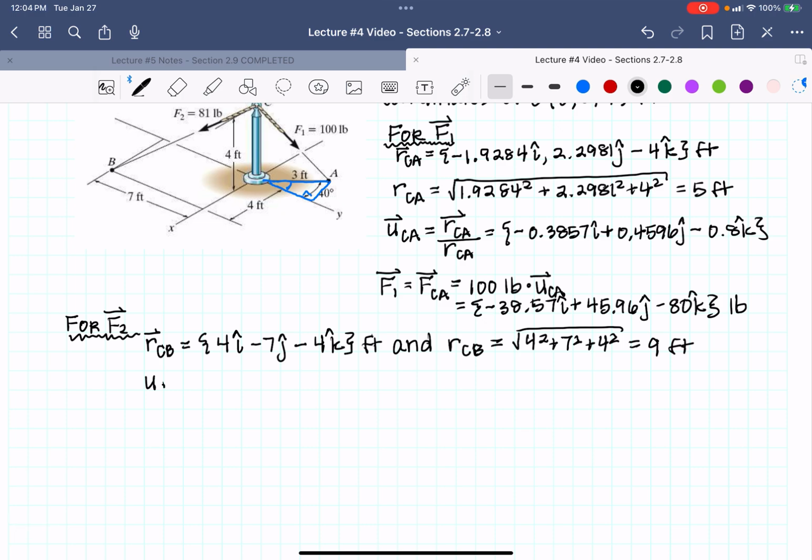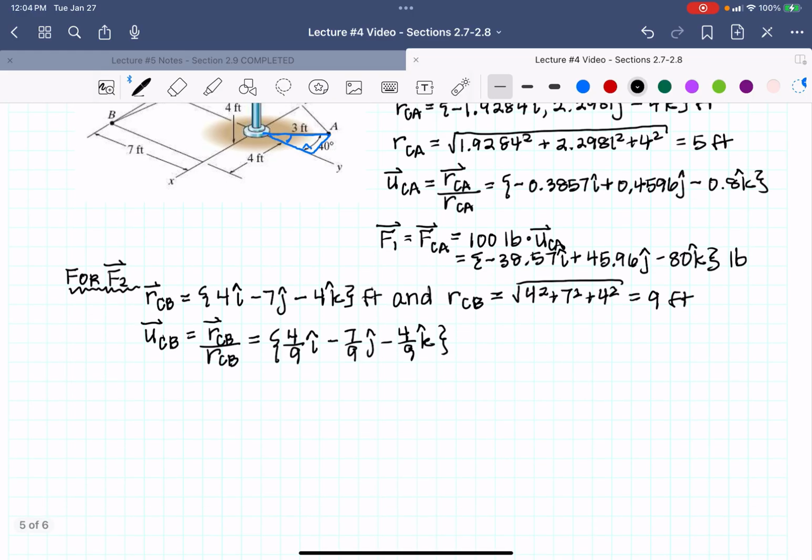So now I need to calculate the unit vector. I've done the position vector, I've done the magnitude of the position vector. So remember, our unit vector is just going to be the position vector divided by the magnitude of the position vector. I'm just going to leave it for now in fractions because it's easier for me in my head. So I'm going to give it 4 over 9 I hat minus 7 over 9 j hat minus 4 over 9 k hat. And then it's unitless.